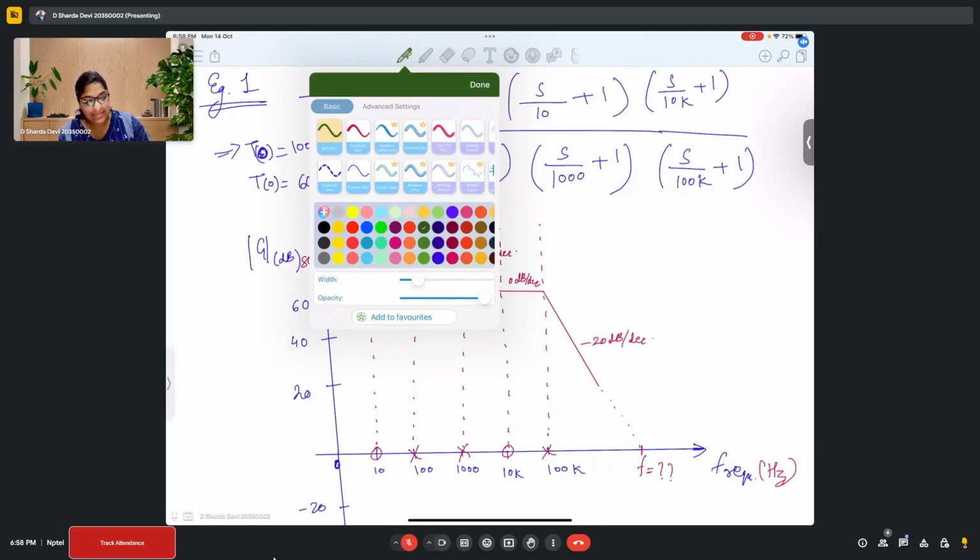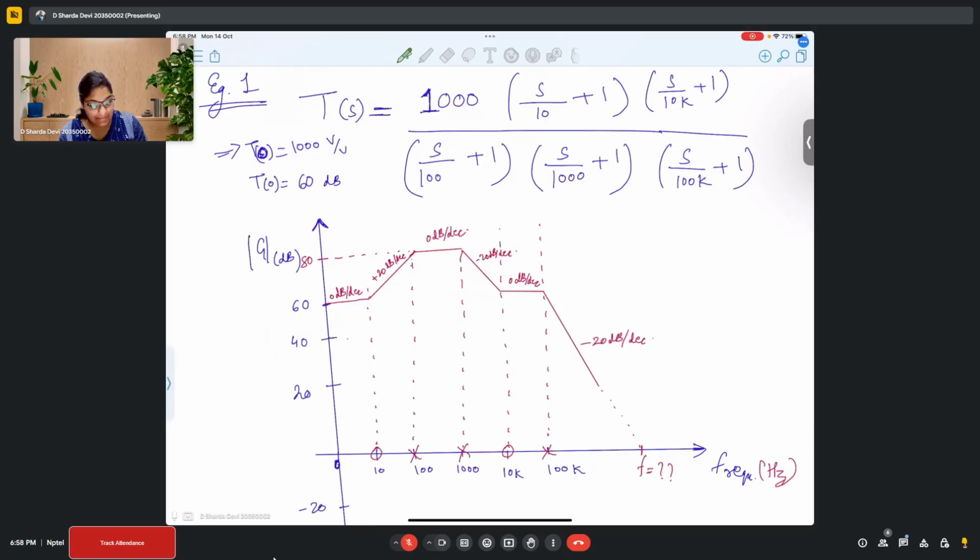Okay, so see, let's analyze. Here you started with 60 dB. At this point you have 40 dB. At this point you have 20 dB. And then here you have 0 dB, right? The slope is fixed, that is 20 dB per decade. So to move from here to here, you would require 1 decade.